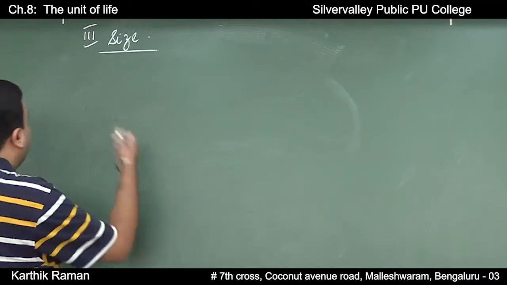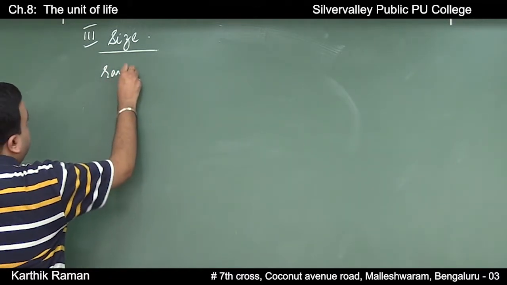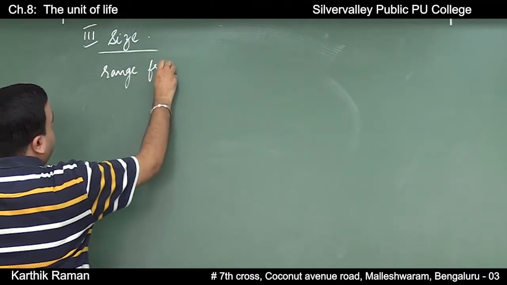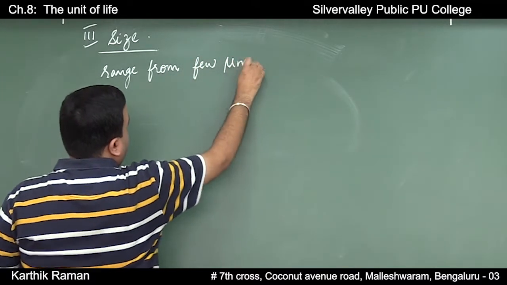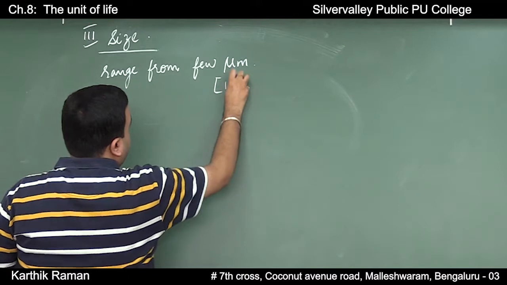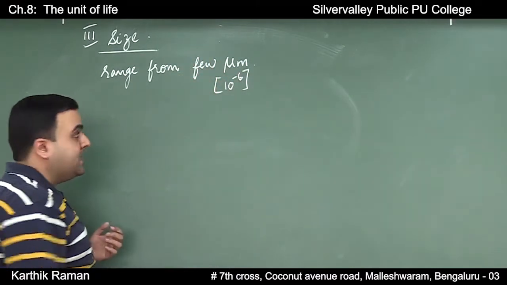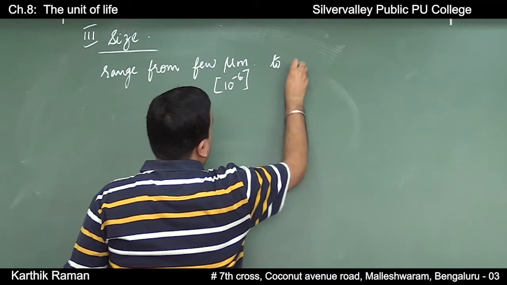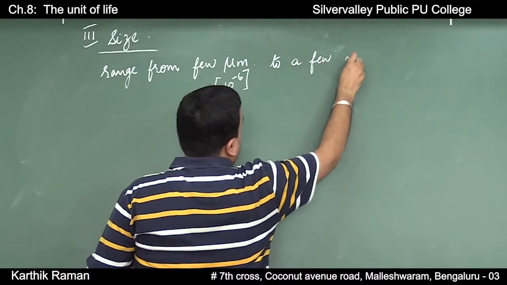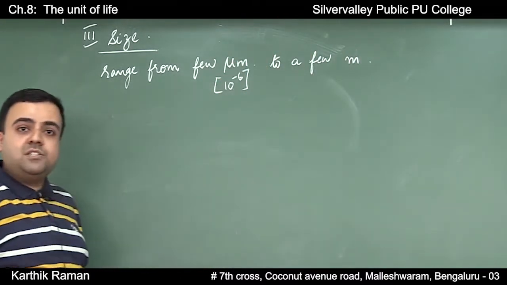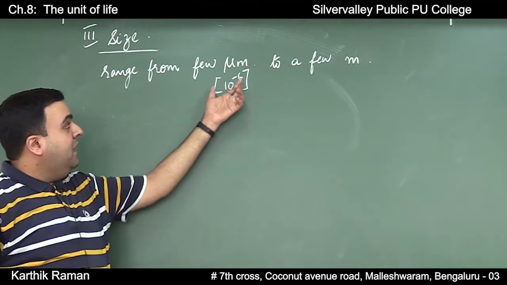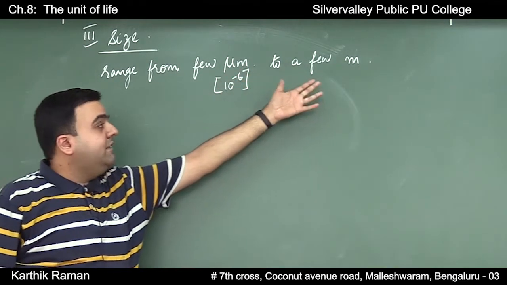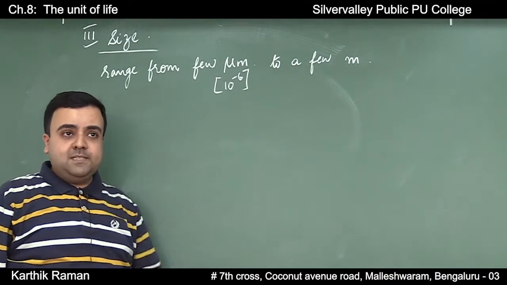So they are going to range from a few micrometers, that is 10 to the power minus 6 meters, to a few meters. So the cells can vary from micrometers all the way up to a few meters.